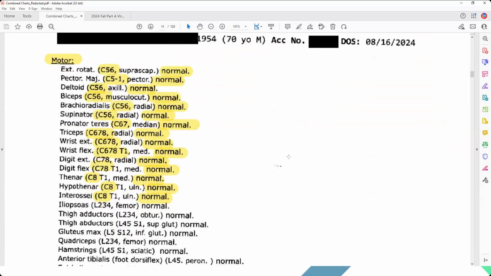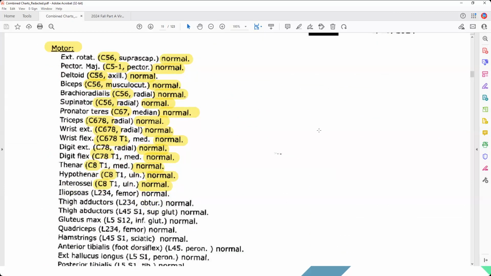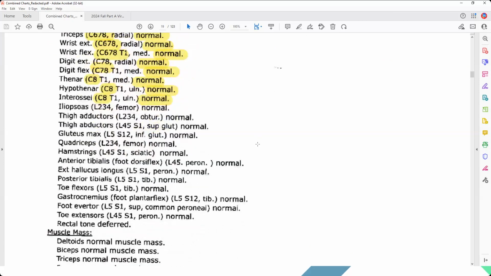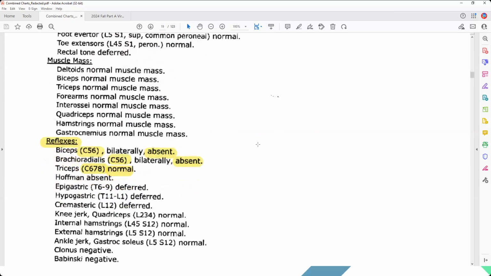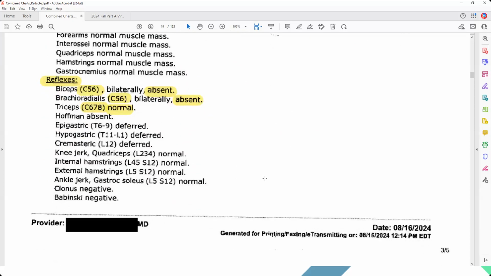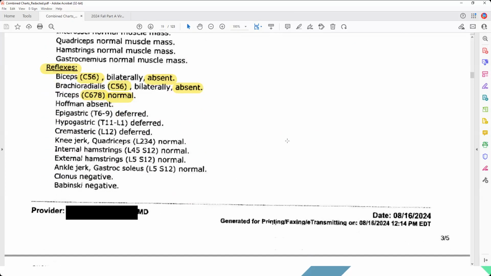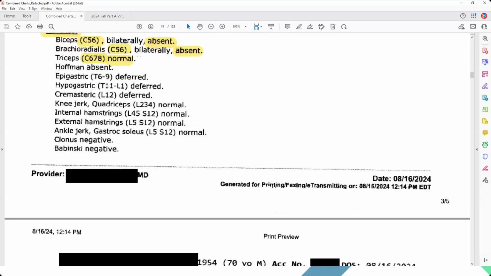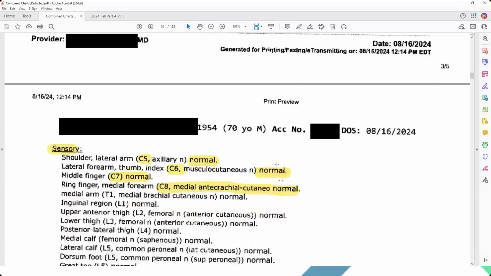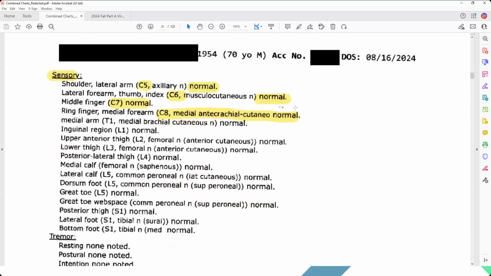We've got legs, some decrease. And then again, we get into some of the myotome testing, and we're up here with some of these motor testings, and those are all coming out normal. Some of the flexions, we do have some absent reflexes. Again, things we look at, some other things that are normal as well.